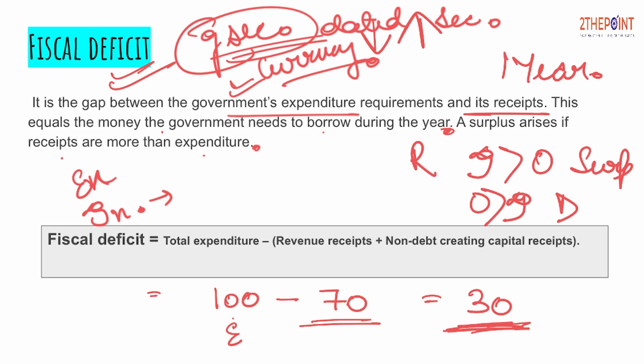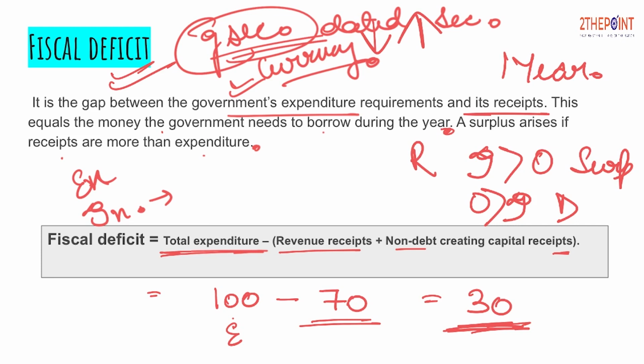We will just quickly look into the formula of fiscal deficit: the total expenditure that the government is doing in a year, out of that we subtract the revenue receipts, and also we subtract non-debt creating capital receipts. Usually capital receipts create debt on the person or the government who receives them.